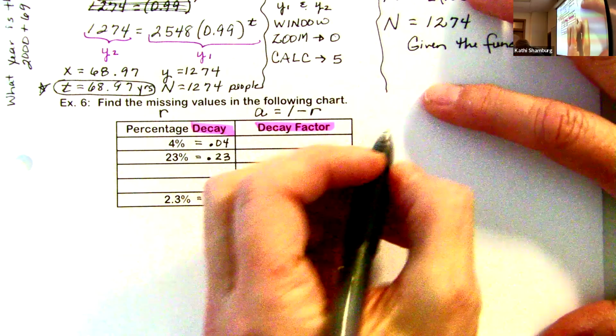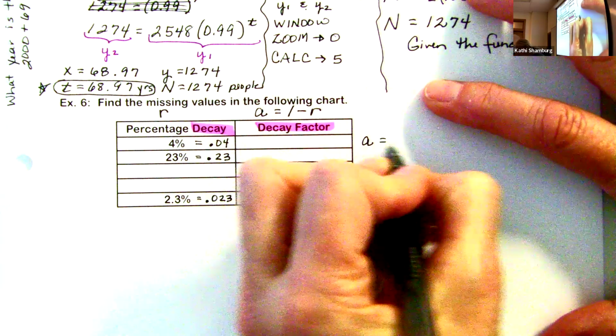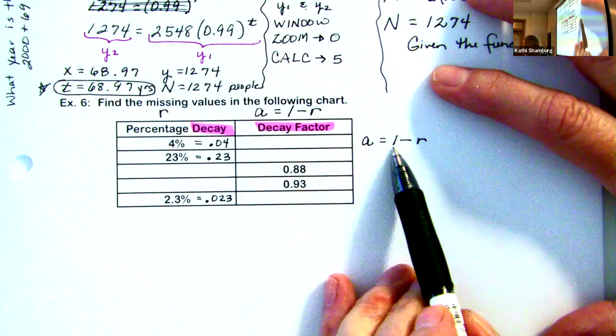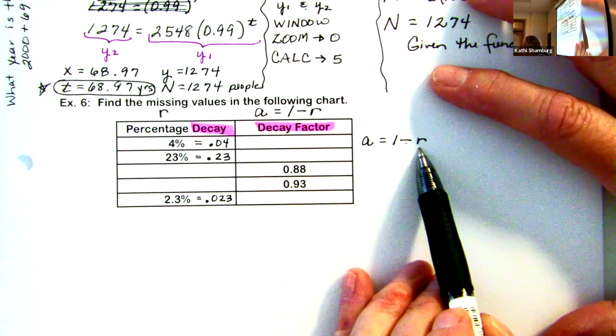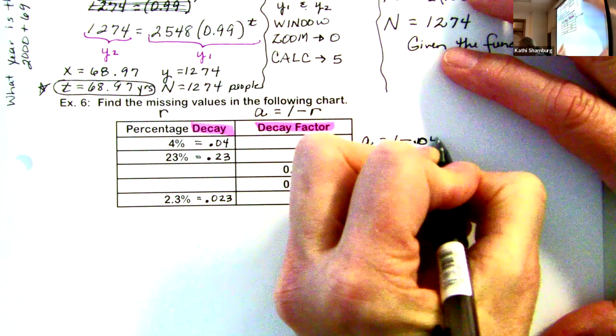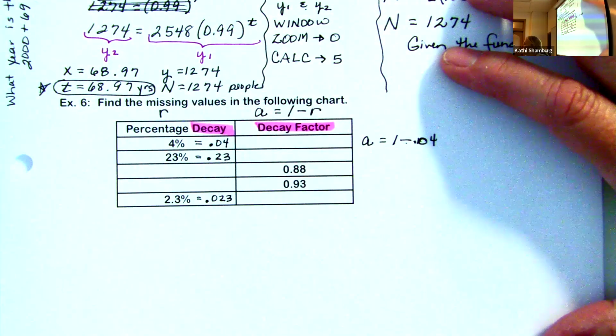Okay, so my decay factor A is 1 minus R. So you're gonna do 1 minus 0.04, and what is that gonna leave you with? 0.96.